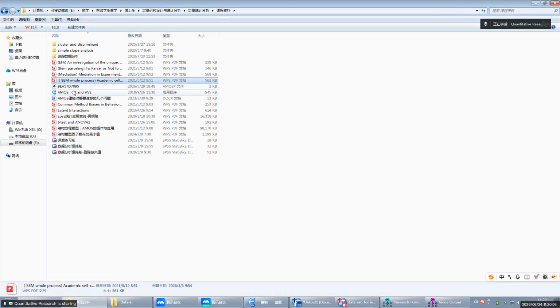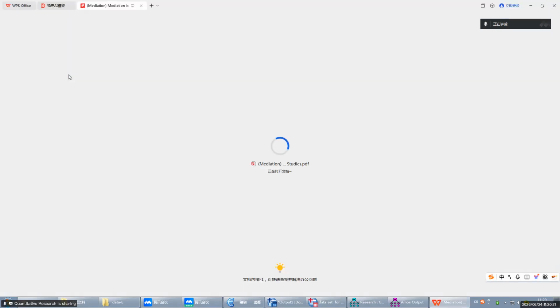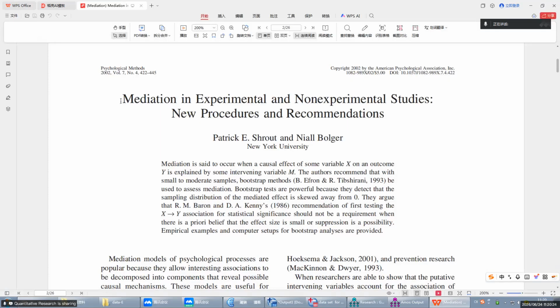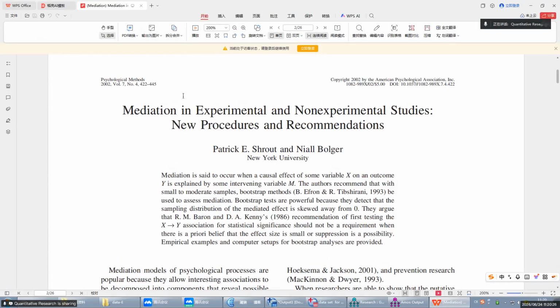When you use this way for testing mediation, you need to cite this article, because Schwartz and Borger found this way of evaluating mediation. Okay, that's it.